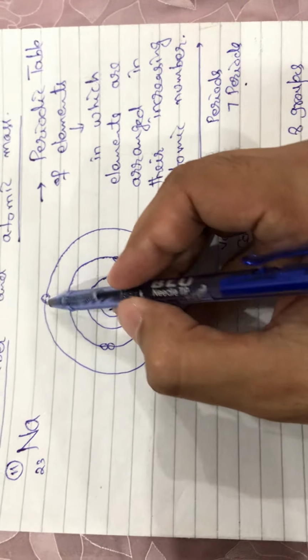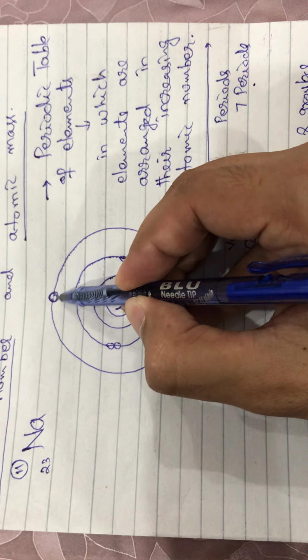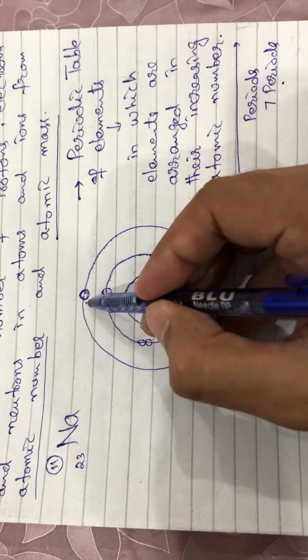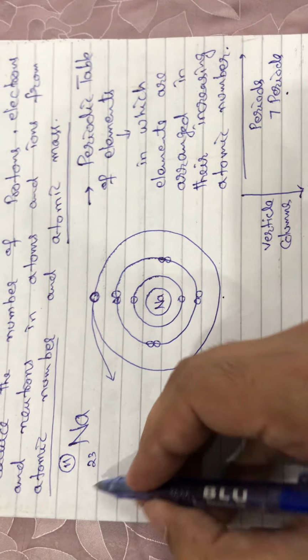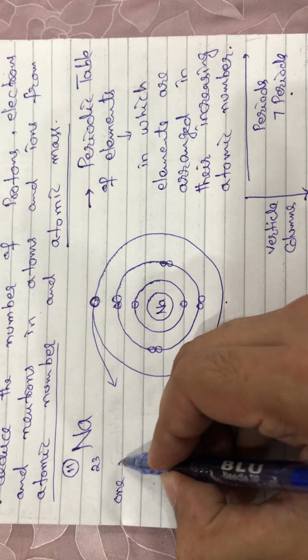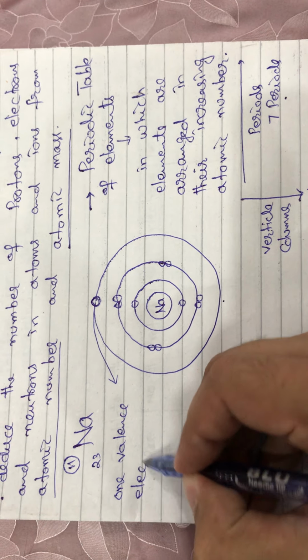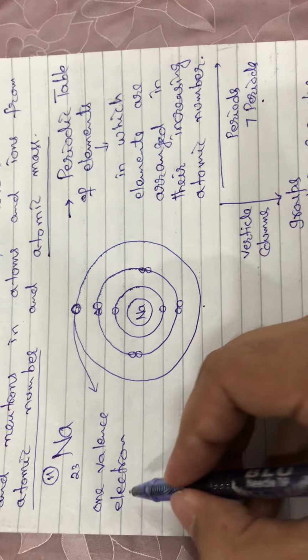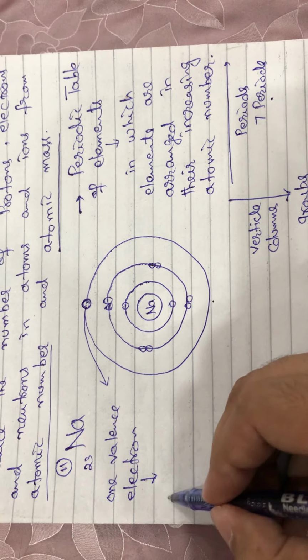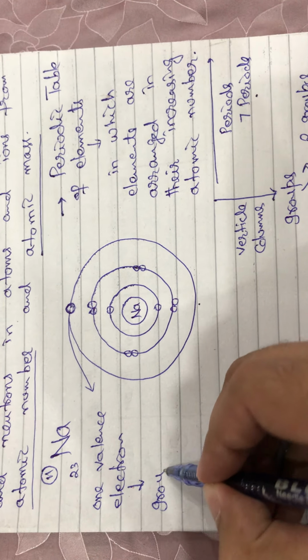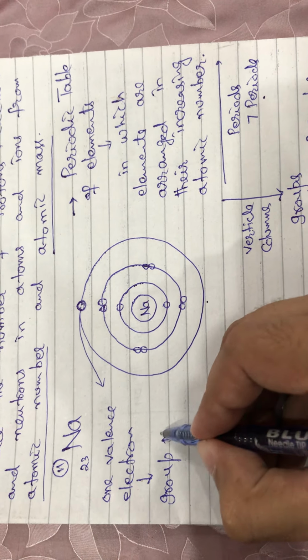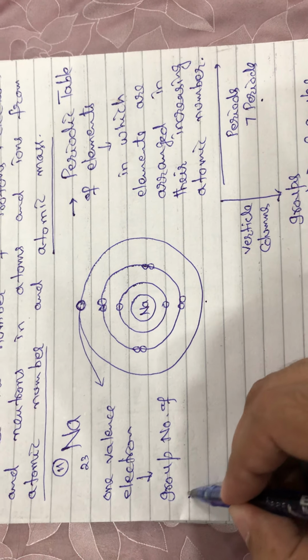So how many valence electrons do we have over here? We have one valence electron. So this valence electron shows the group number of the element.